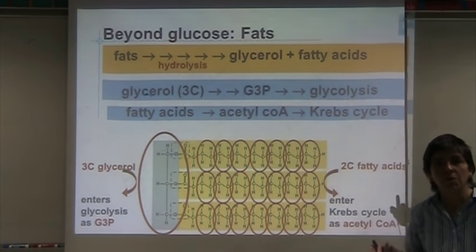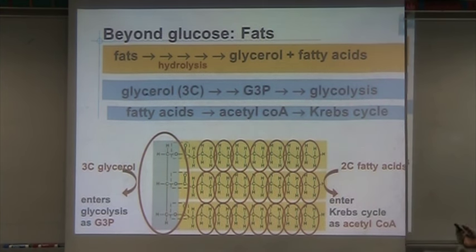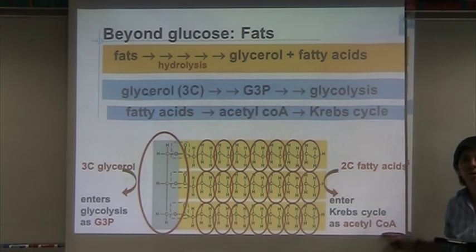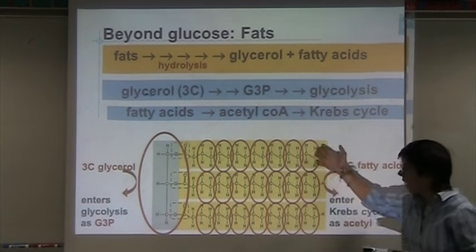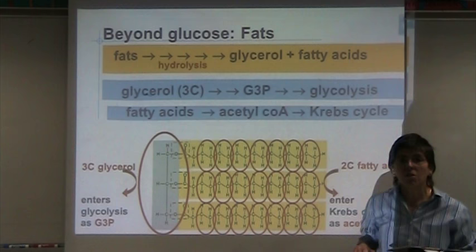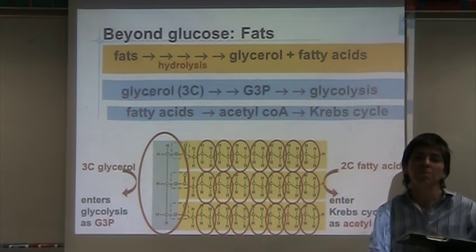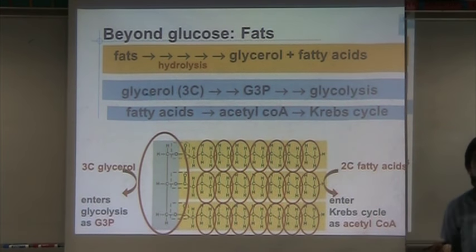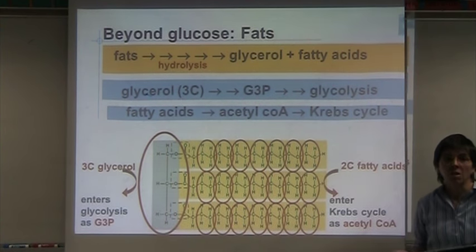And if you recall from cellular respiration, the molecule with 2 carbon compounds is acetyl-CoA. So a fatty acid breaks, your cells break them into 2 carbon compounds, and these 2 carbon compounds are fed into the Krebs cycle as acetyl-CoA.